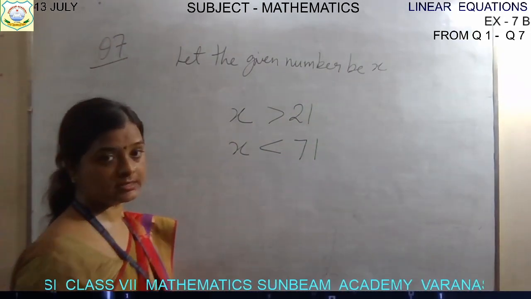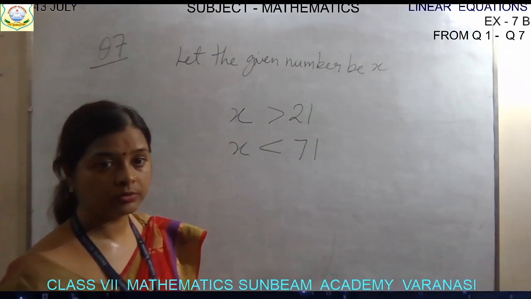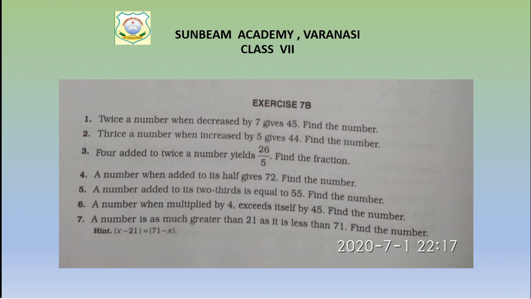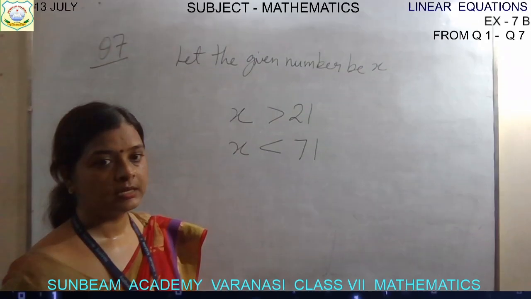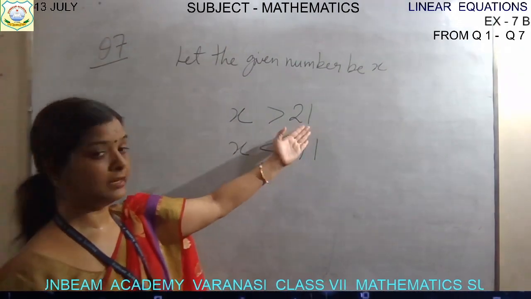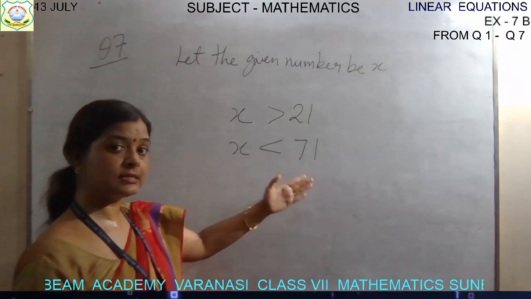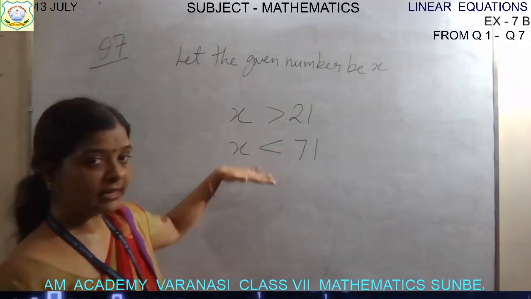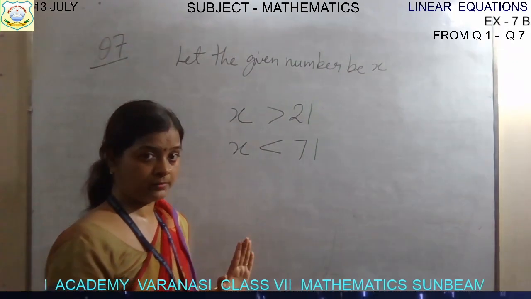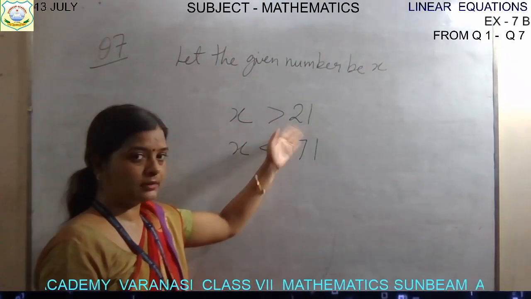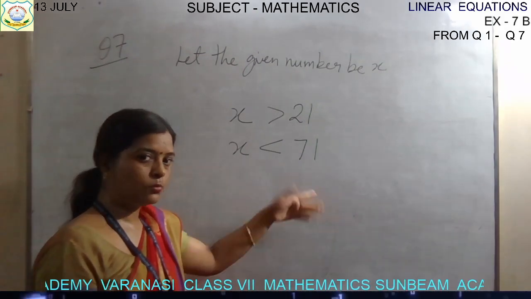Let's check whether it is 71 or not. See in the question, yes, it is 71. So whatever I have written, it is not showing our question. It is showing that x is greater than 21 and x is smaller than 71.